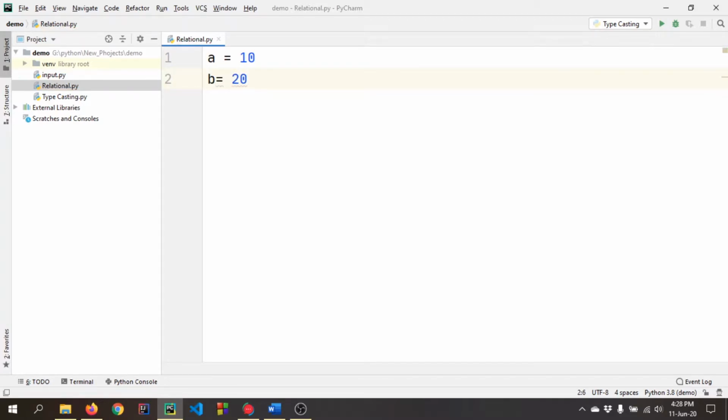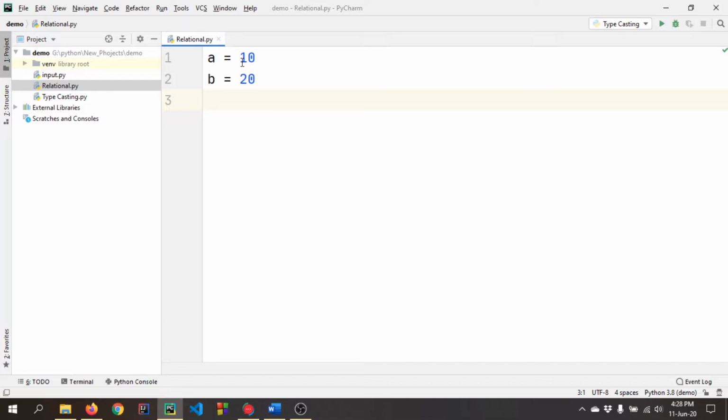If we compare these two, what will be the comparison? We can determine if a is bigger than b, or a is smaller than b, or we can also determine if a and b are similar.